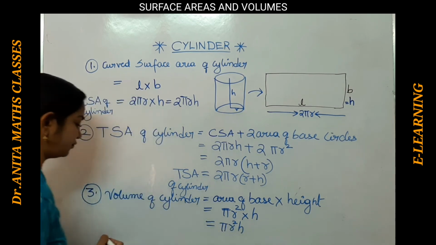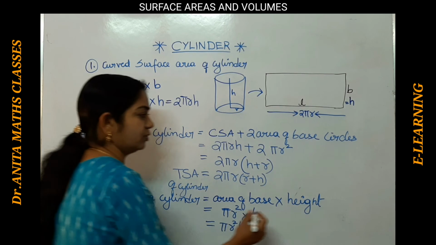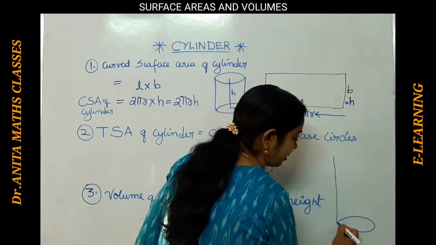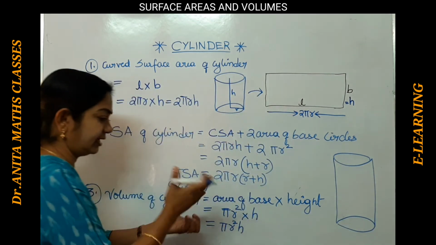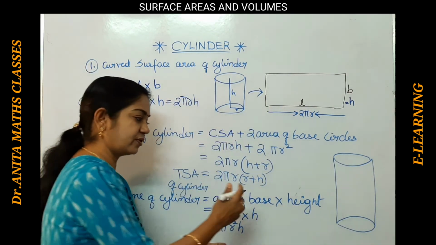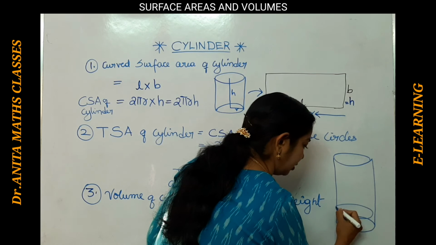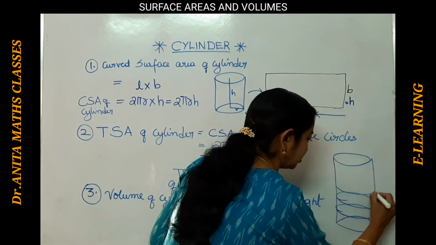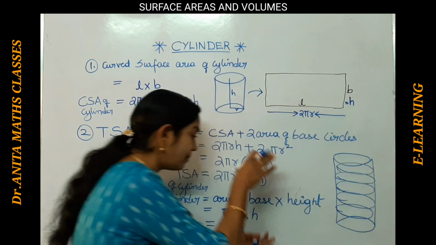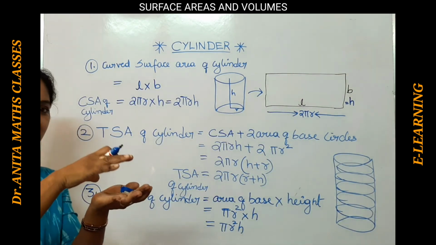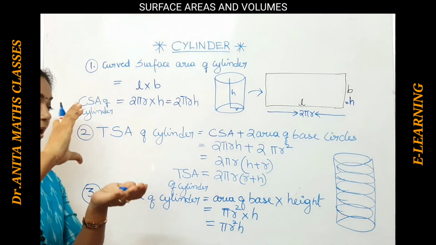The concept of the volume of the cylinder you can also take like this: if I take some discs of round shape like this, and keep on placing them like this throughout without any gap, how many circular discs does it contain after filling it up to the rim?